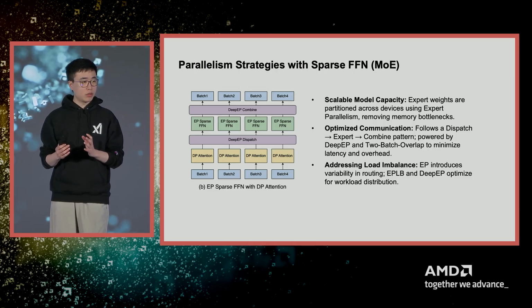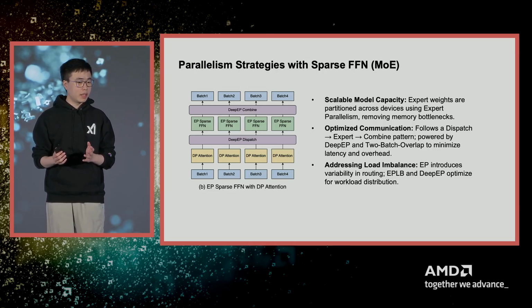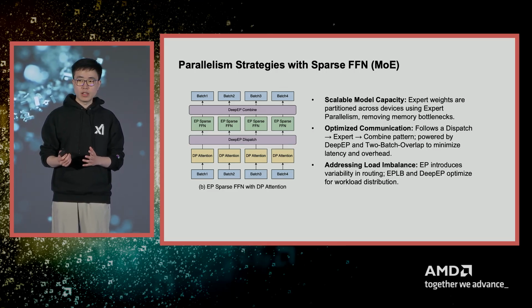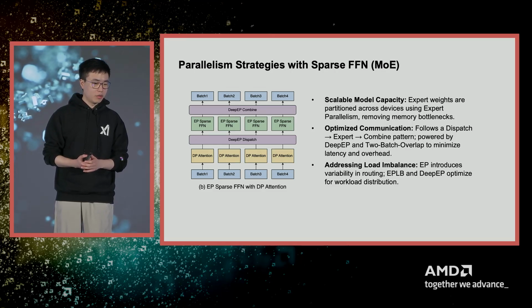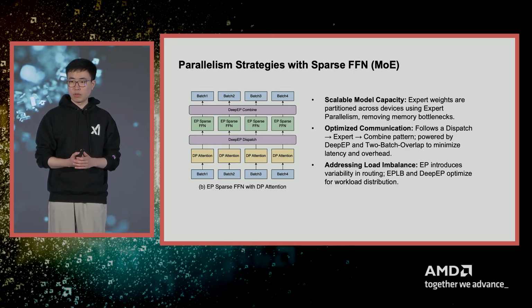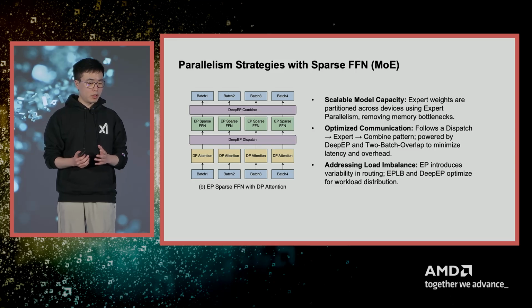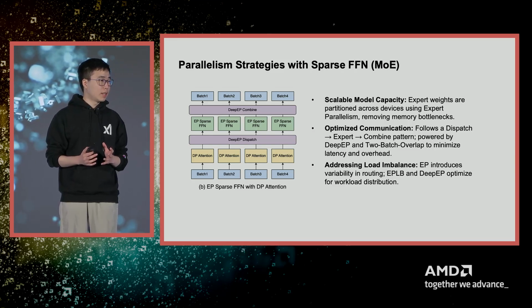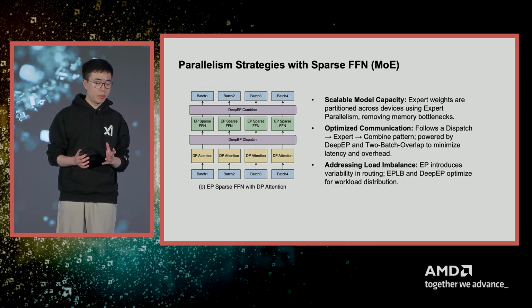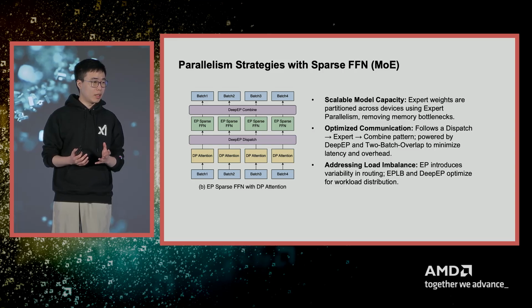After the first 3 layers, the following 58 layers are MoE layers, which are even more challenging. If you look at this figure, let's say we have 4 devices here. We first run the attention layer. We also use data parallelism for attention because it's MLA and we don't want to duplicate KV cache.